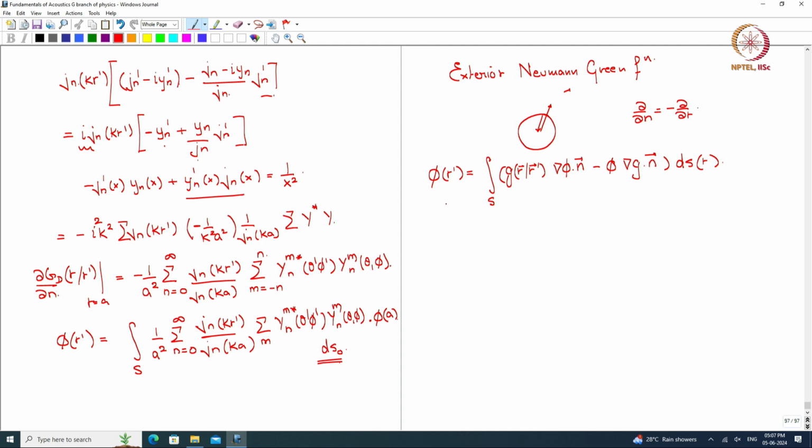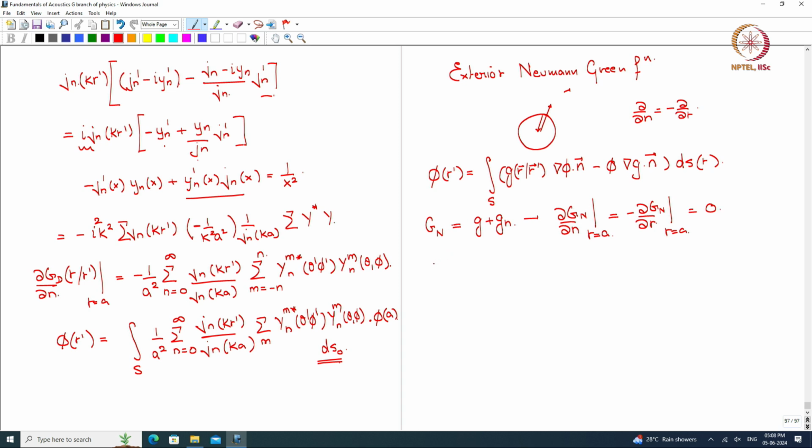Now here again we are going to bring in a new function, the Neumann Green function, which is G plus Gh, such that ∂Gn by ∂n on r equal to a, which is equal to now minus ∂Gn by ∂r on r equal to a, is equal to 0.